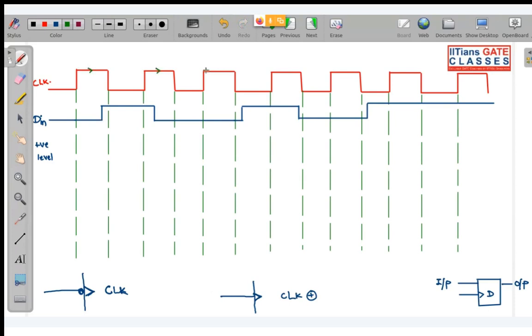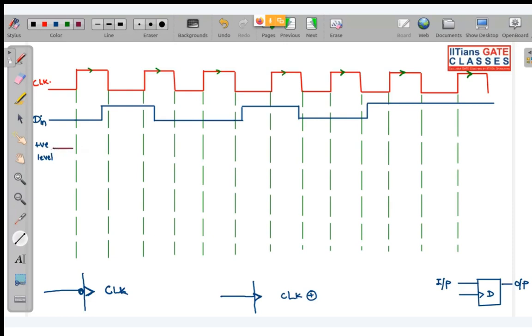So these are your positive levels, only at these places is your output allowed to change according to the change in input. First see, then you can copy. I will give you 1 minute to copy. So this is positive level, and this is negative level. In negative level, let me assume that I have initialized the D flip-flop from 0.